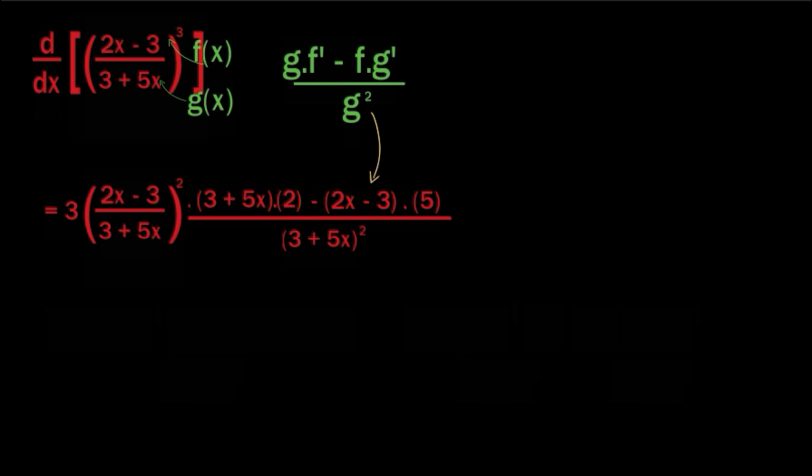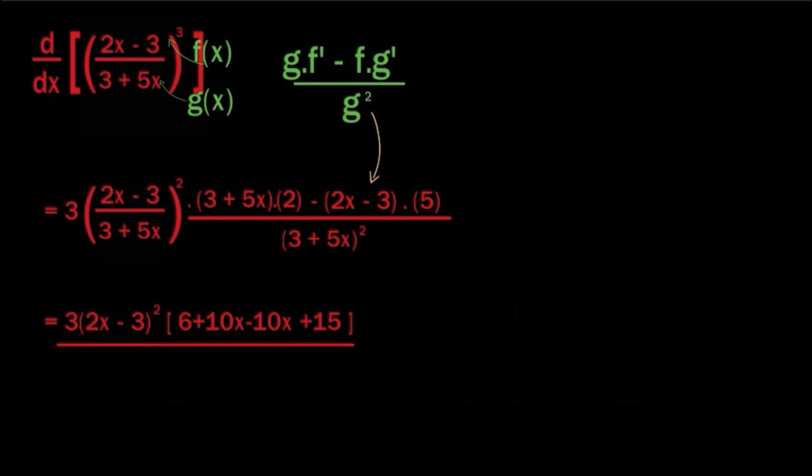So we simplify, we get 3 times (2x minus 3) squared times 6 plus 10x minus 10x plus 15 over 3 plus 5x cubed.